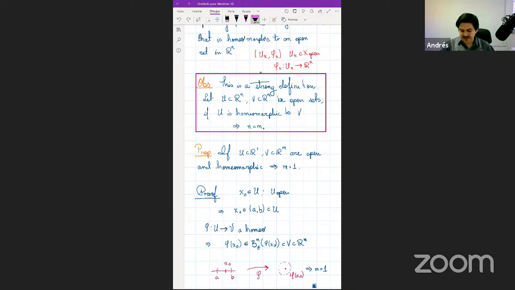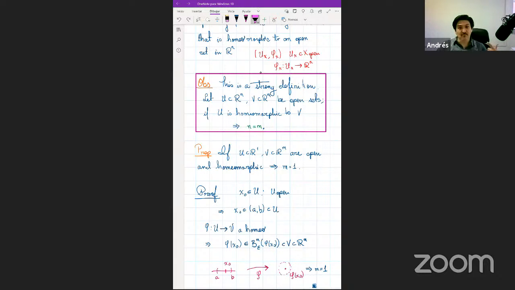So in general, if two open sets are homeomorphic in Euclidean space, they must have the same dimension. And later in the class, we will prove this, okay? It relies on topology. We will make use of it because it is important for us. So it is the same dimension. Nice.